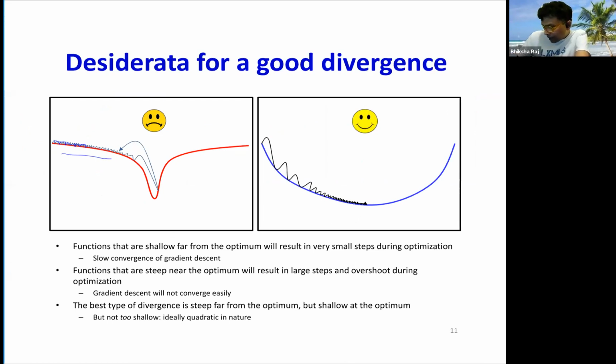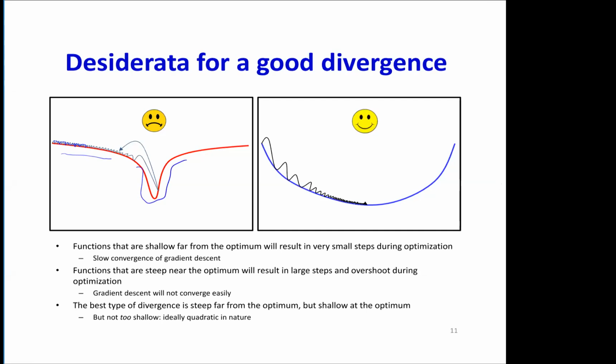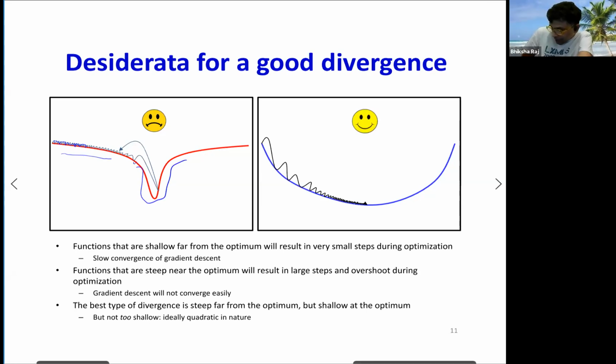On the other hand, if the function is steep near the minimum, then here the derivatives are large, and as a result, gradient descent will take large steps and end up overshooting the minimum and diverge. So although there's a very nice clear minimum and the function is smooth, you have this nasty property that when you're not close to the minimum, the algorithm is very slow, and when you're close to the minimum, it takes giant steps and diverges.